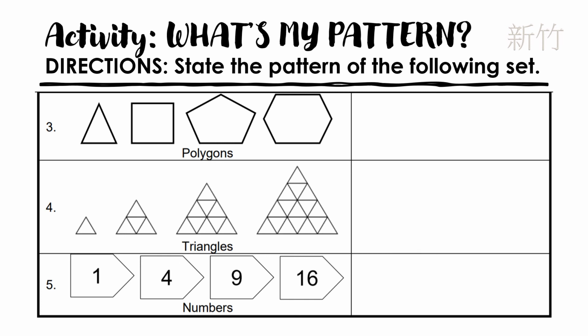Observe the triangles given on the left. What have you observed? Is there a pattern? What is it? Write your answer on your answer sheet. Number 5. What is the pattern?